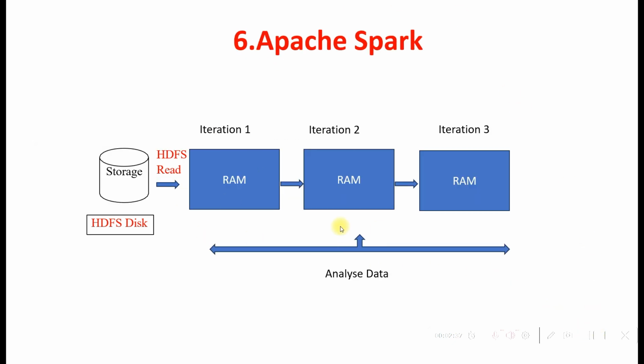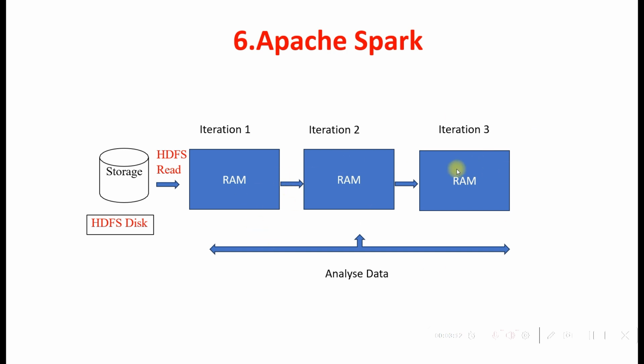You can see here, instead of reading and writing to disks repeatedly, Spark loads the data into RAM memory. Once in memory, Spark can process multiple iterations without needing to read from the disks again. This makes data analysis much faster. In step 1, Spark first reads the data from HDFS and loads it into RAM. Then in iterations 1, 2 and 3, the data stays in memory, allowing Spark to quickly process multiple steps.